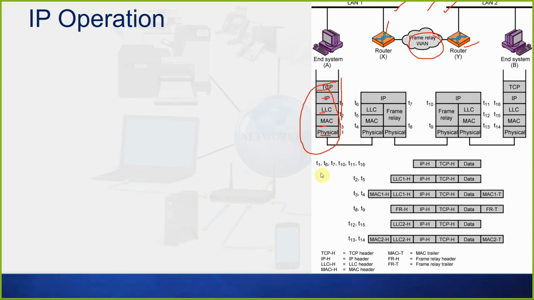See how the headers are added. H stands for header, IP header, and then TCP header. Each layer has its own data and extra headers attached, and then in the reverse phase they are dropped. So headers are used by every layer to encapsulate the data and then passed on to the next layer.